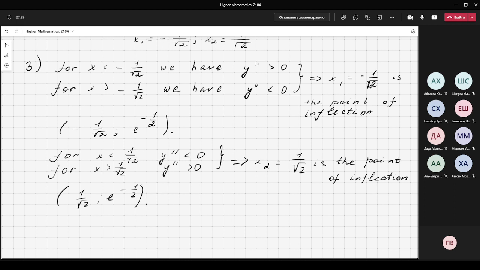Incidentally, the existence of the second point of inflection follows directly from the symmetry of the curve about the y-axis. The fourth. From the foregoing, it follows that for minus infinity less than x less than minus 1 over square root of 2, the curve is concave.